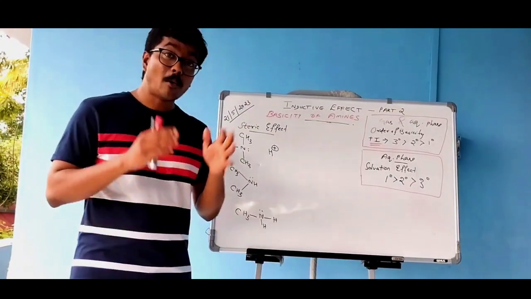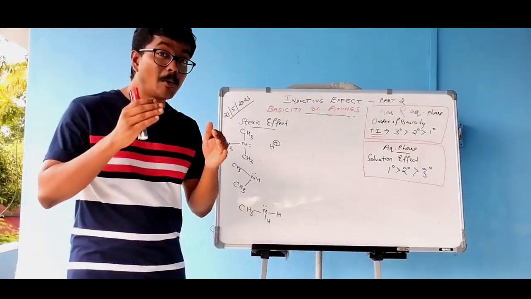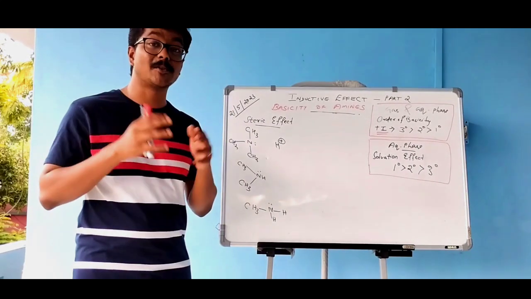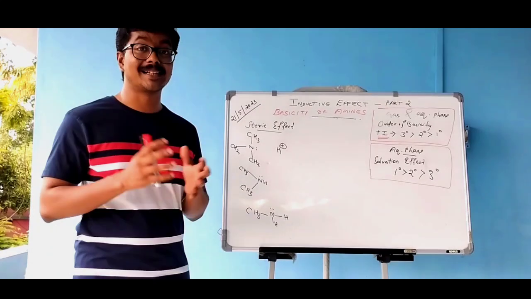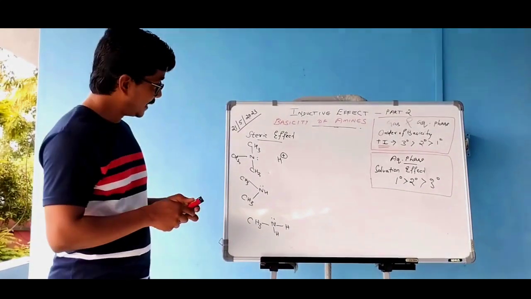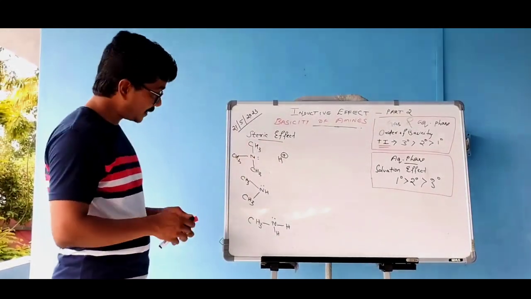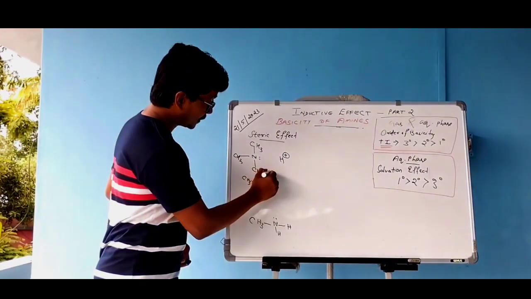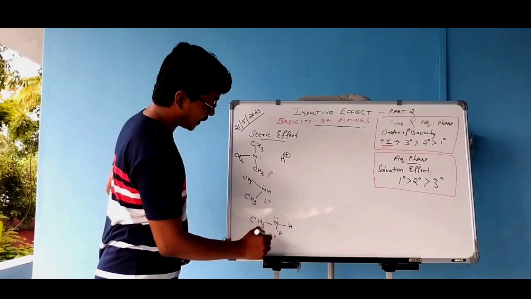It is the slowing of a chemical reaction due to overcrowding or the presence of bulky groups. That is known as steric hindrance or steric effect. Let's consider this example. This is the tertiary amine, this is secondary, this is primary.